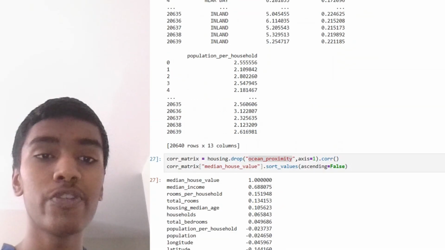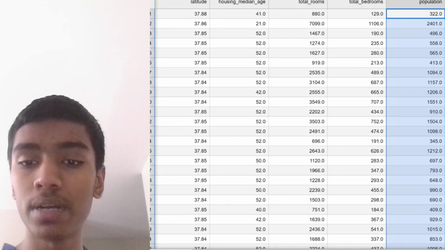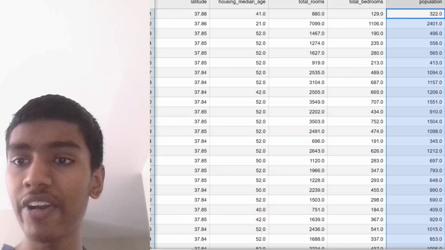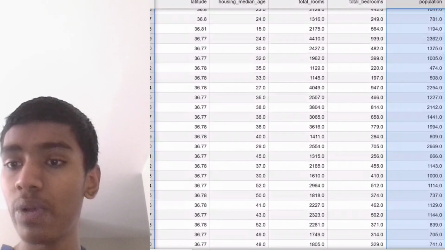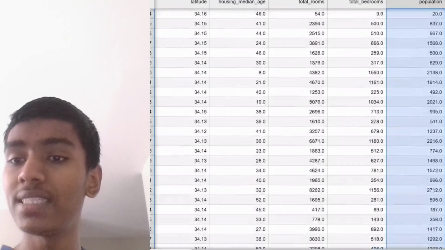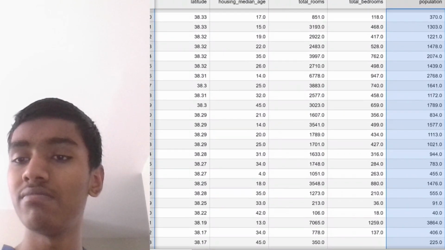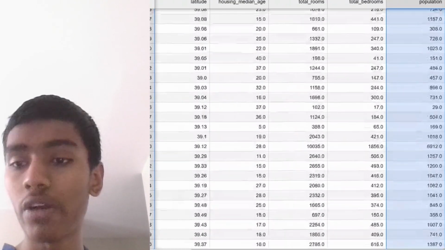Now, ocean proximity, you could potentially represent that by numbers. If you take a look at the ocean proximity, we have near bay, we have inland, and we have less than 1 hour away from the ocean. We have basically 3 values for our ocean proximity.